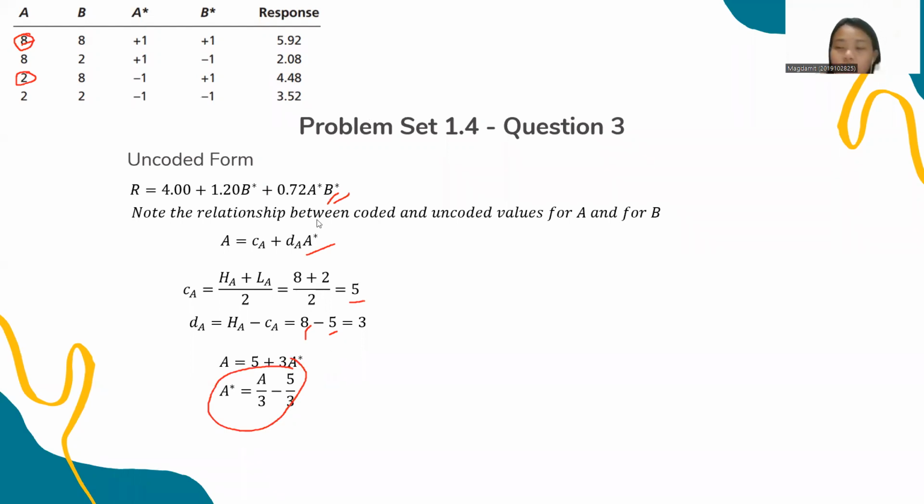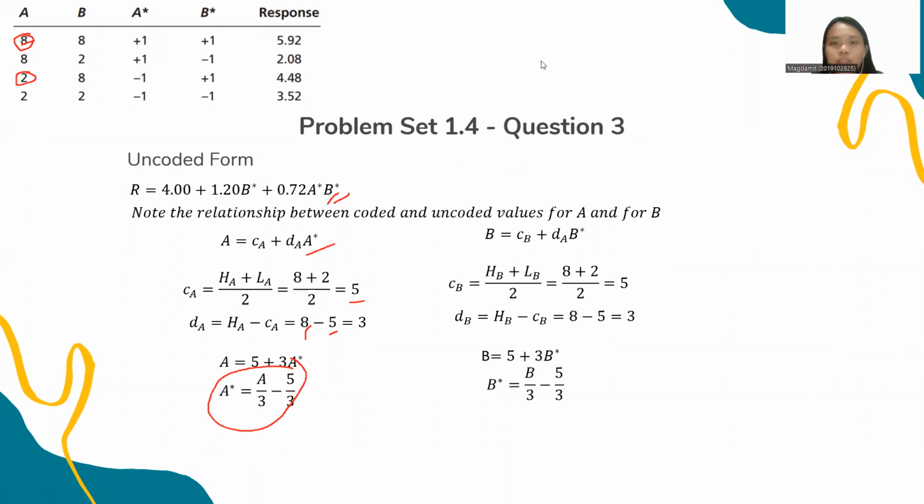So for B, we will also use the same process, in which the equation that we form for B asterisk is B over 3 minus 5 over 3. Then after that, we will substitute or evaluate these values in this equation in order to get the uncoded form.